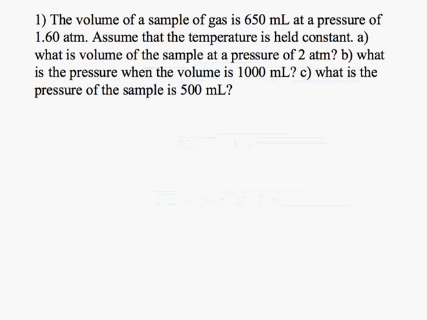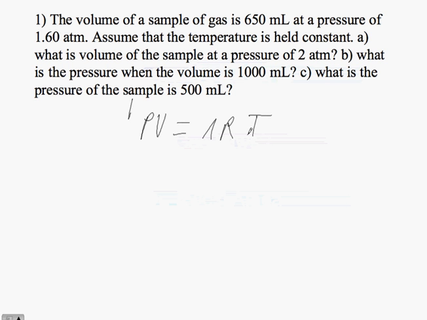Okay, when you're looking at this type of problem, first thing, all these things feed off of the ideal gas law equation. All of these gas law problems are somehow related to the ideal gas law. So in this particular instance, we are told that temperature is held constant.